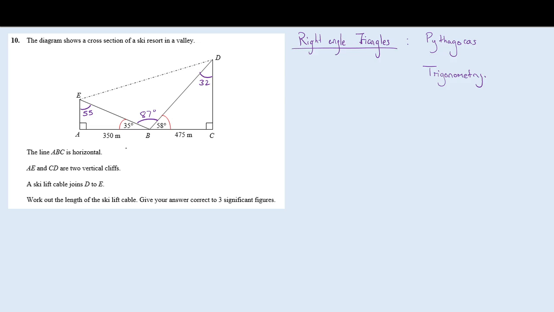Okay, which is not ideal. What else do we have? We've been given an angle, and normally with trigonometry we are given angles in right-angle triangles. Okay, so it looks like I should be using trigonometry. And I've got right-angle triangles, so that's thinking of my SOHCAHTOA.